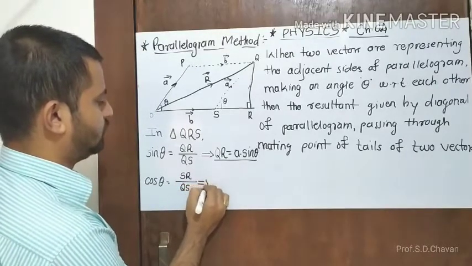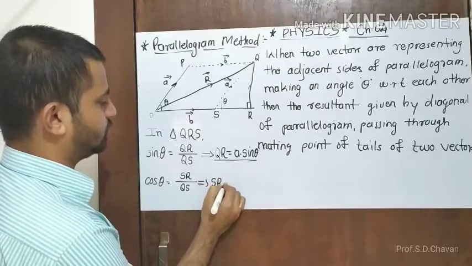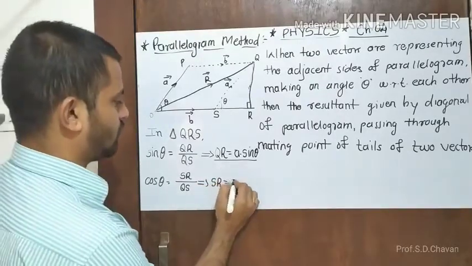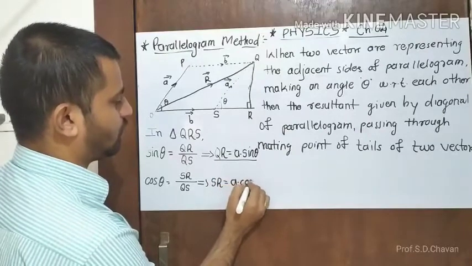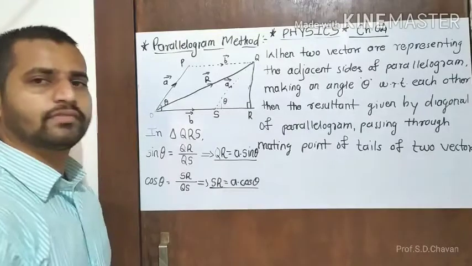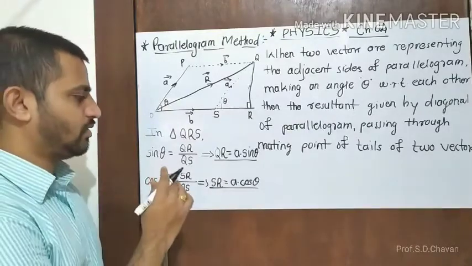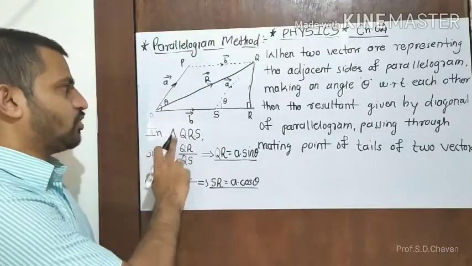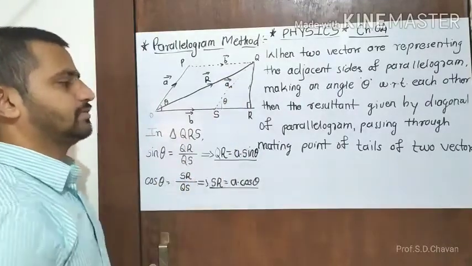So from this, what is the SR? SR is equal to A cos of theta. So this is from triangle QRS.